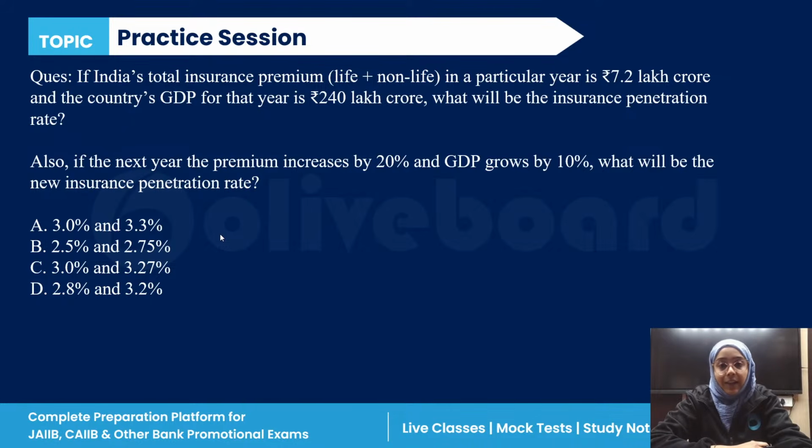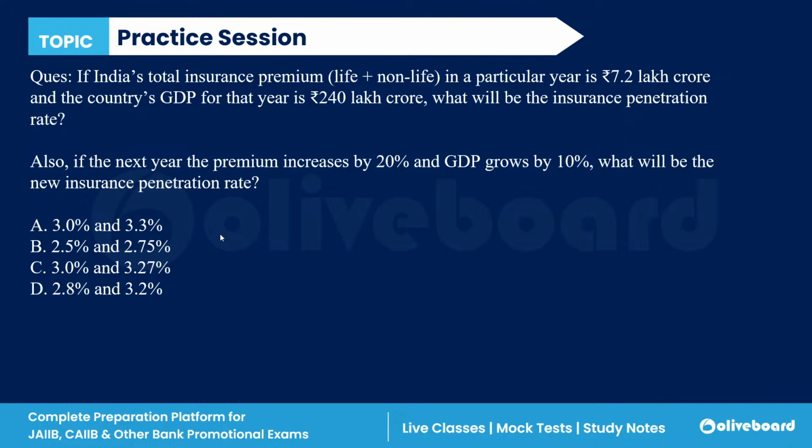Okay, I'm waiting, guys. First of all, let's talk about the formula. The insurance penetration is insurance premium to GDP, and to convert it into a rate, we multiply by 100.